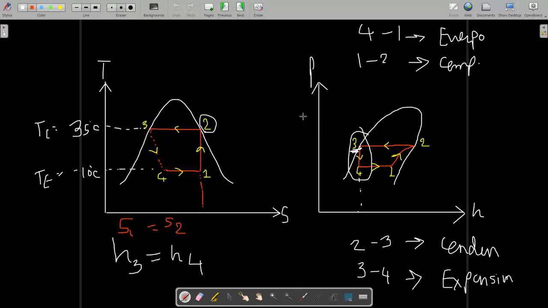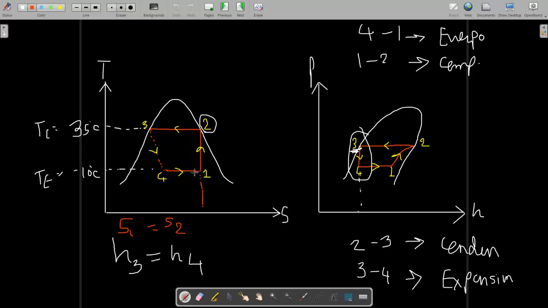So let's start. We have drawn the T-S and p-h diagrams. Our first step is over. Our second step is to find the temperatures, and here all the temperatures are already found, with no superheat or subcooling. So points 2 and 3 are at 35 degrees Celsius, 4 and 1 are at minus 10 degrees Celsius, but we don't know the condition of point 1. It may have some dryness fraction.